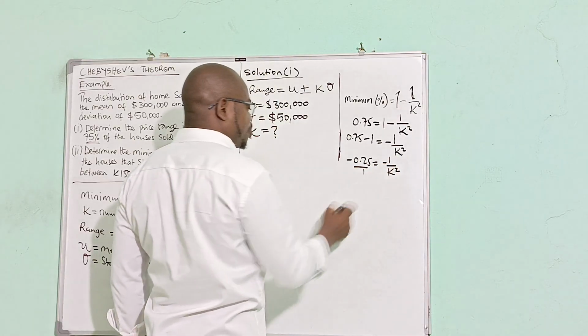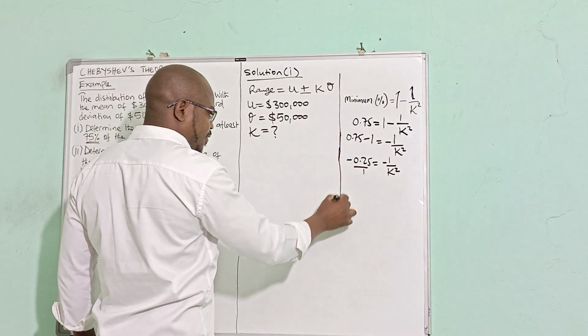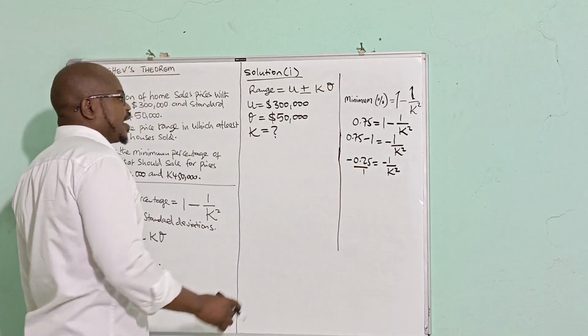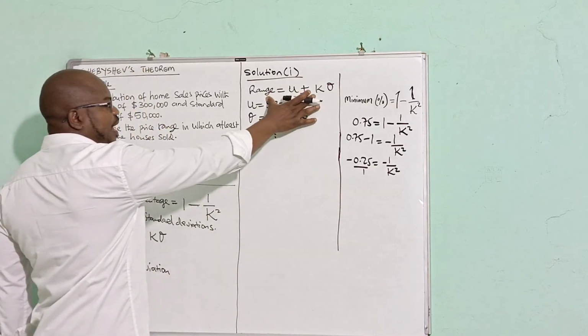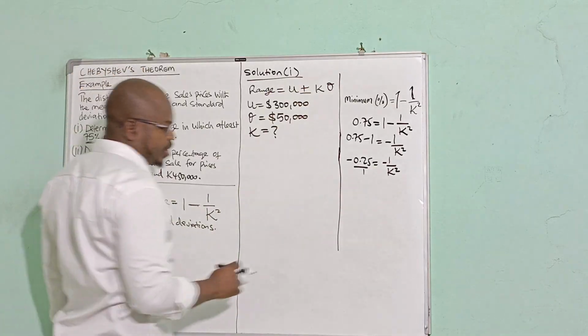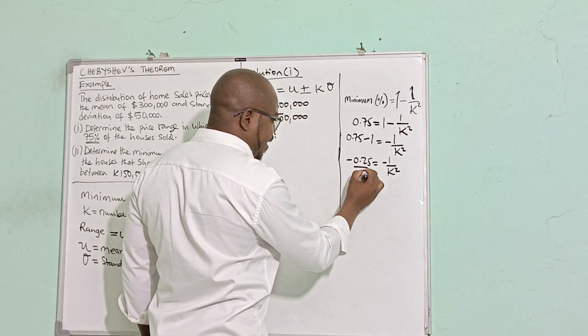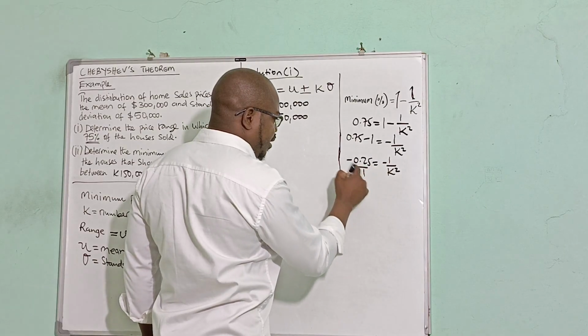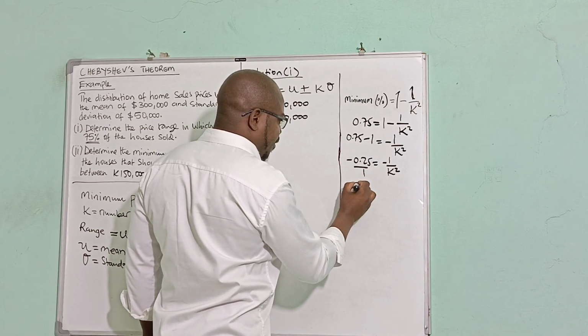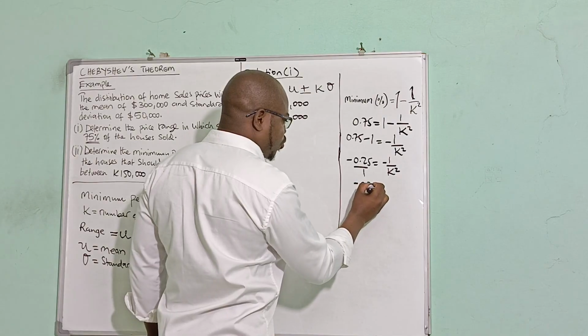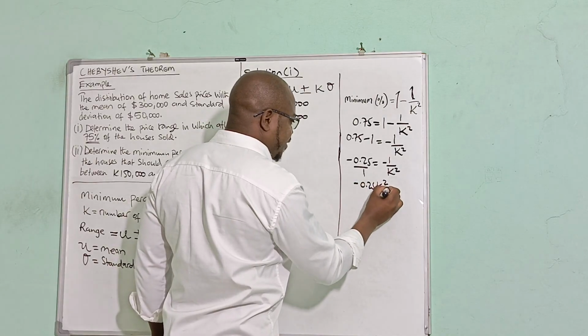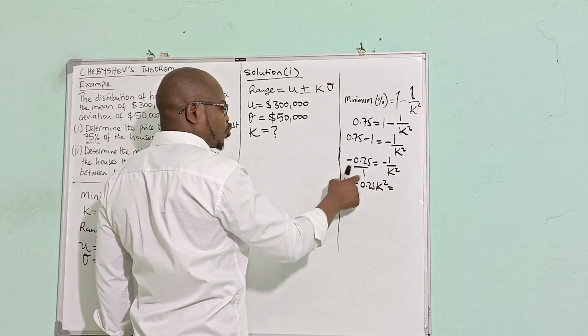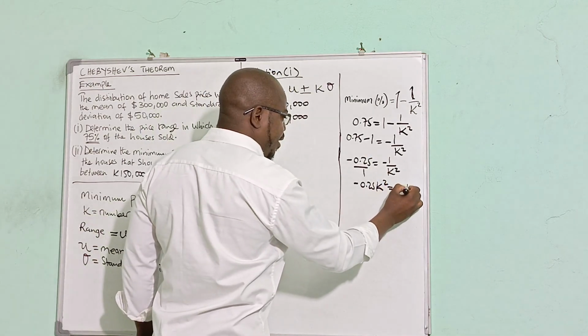Then we can cross multiply. I'm just getting the k which I'm going to apply to get my range. This will be negative 0.25 k squared equal to negative 1.